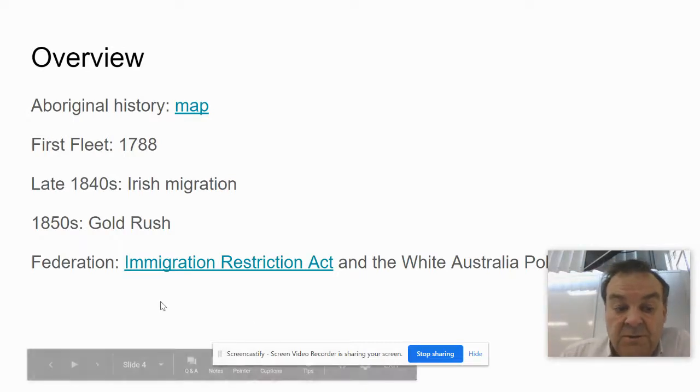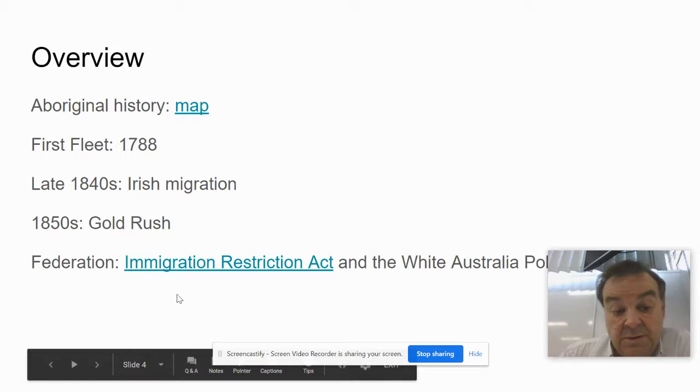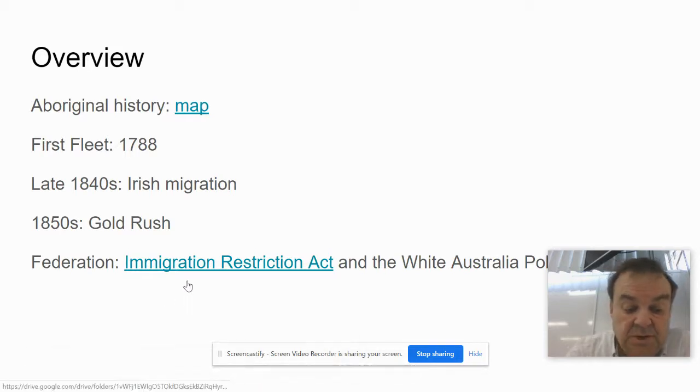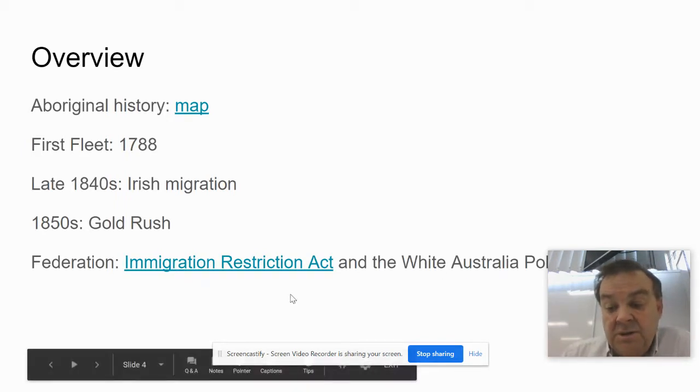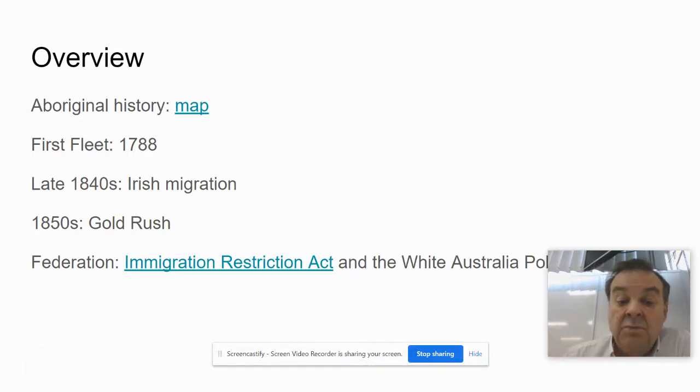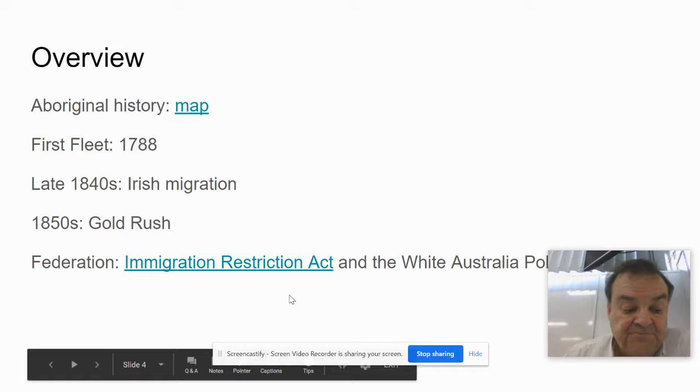I'm just going to go through it with you because this White Australia policy dominates Australia and its behaviour in the world and migration policies right up until probably the 1960s. So for about the first 60 years of Australia, the White Australia policy dominates.